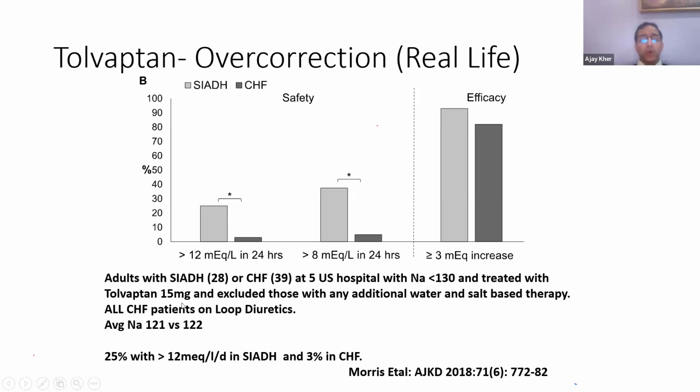And what they looked at was the correction rate. Those who did get tolvaptan had a 25% chance of having an overcorrection of more than 12 if you had SIADH, and about 3% if you had heart failure. So it's very important to be aware that you can have overcorrection with tolvaptan.